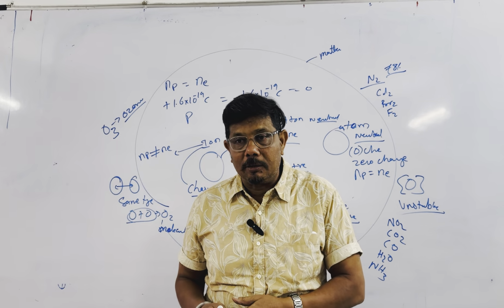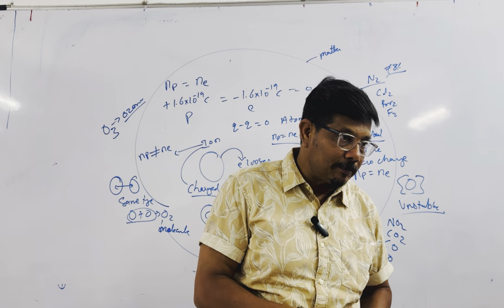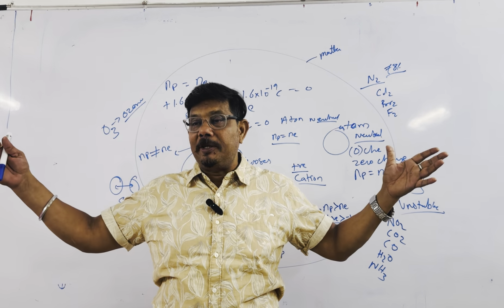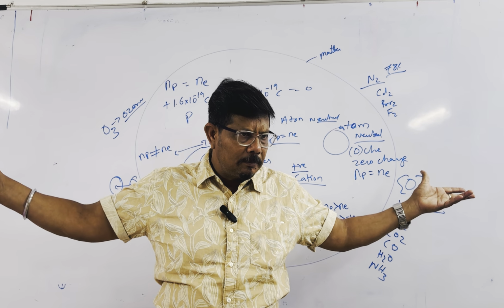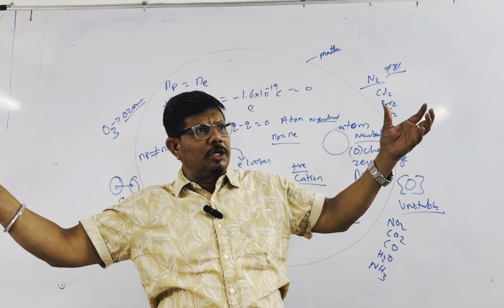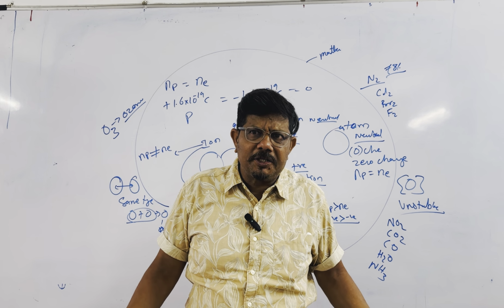And matter is what? Matter has a state. If the particles are very far from each other, if one oxygen molecule and another oxygen molecule are very far apart, you can say it is gas.